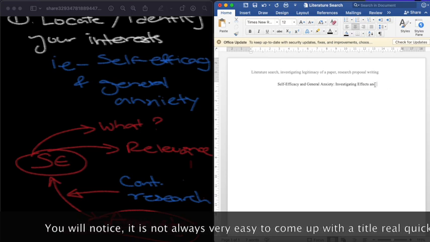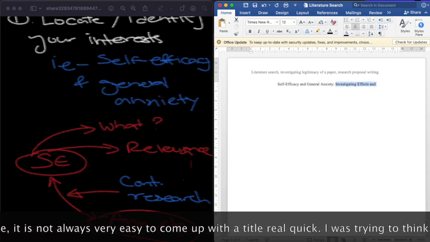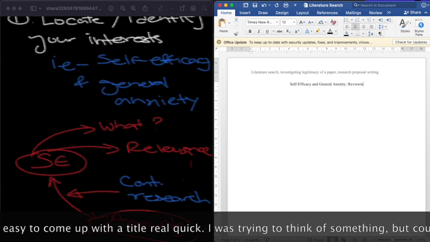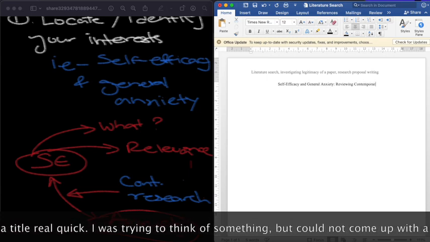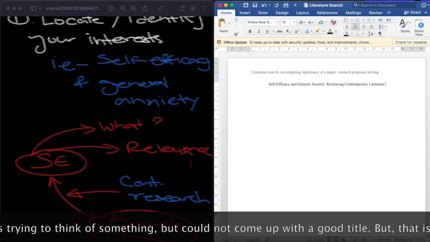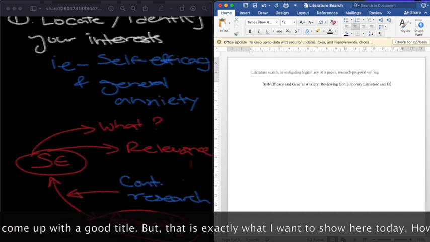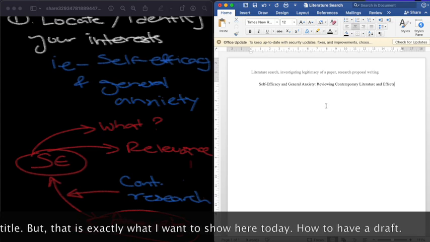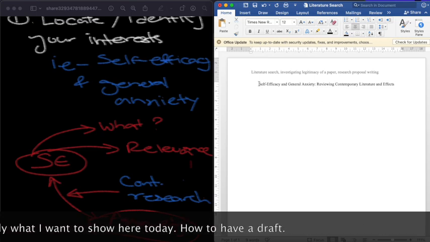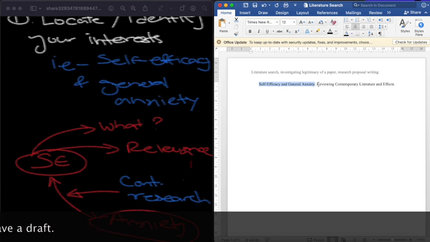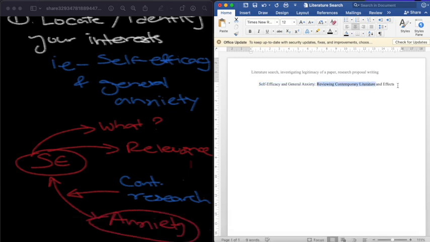Or we can say reviewing contemporary literature and effects, something like this. So self-efficacy and general anxiety, this is exactly what I'm going to do, and I'll be reviewing contemporary literature and effects.